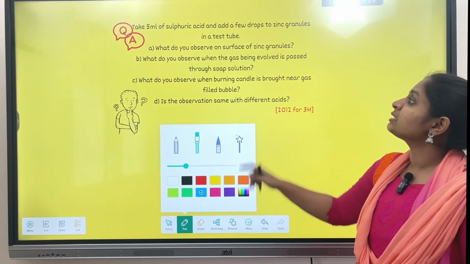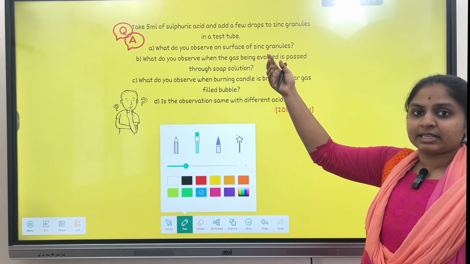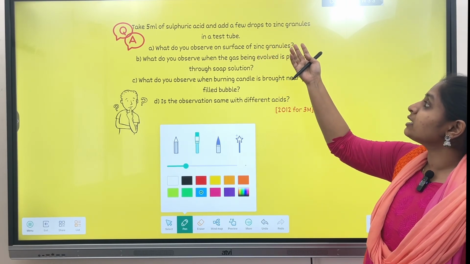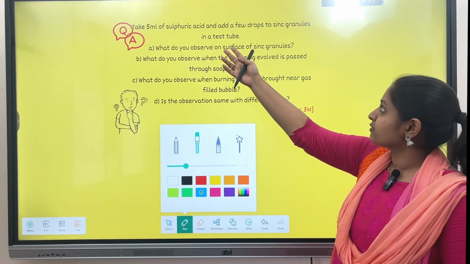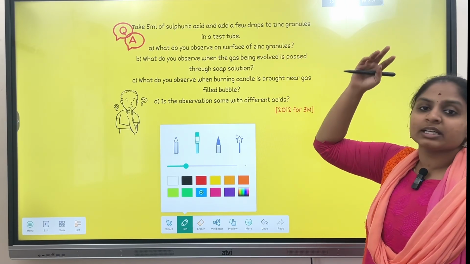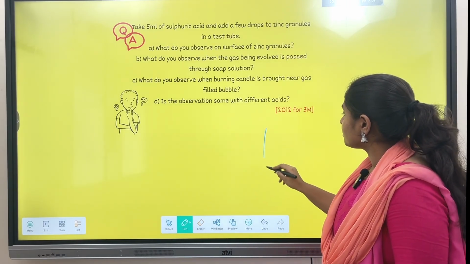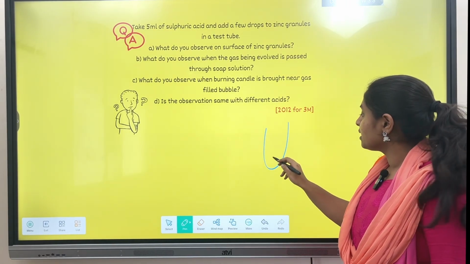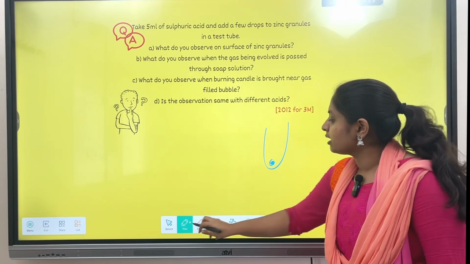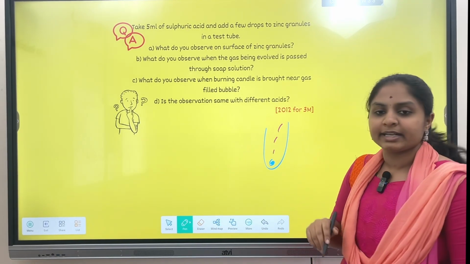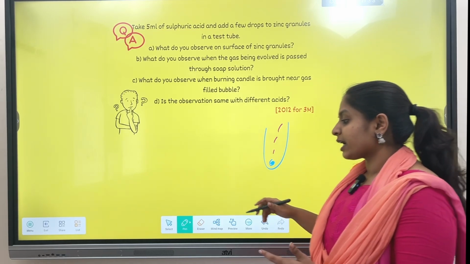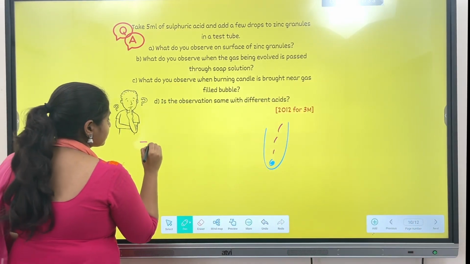The question says zinc and sulfuric acid H2SO4 is added. They have taken 5 ml of sulfuric acid and added to zinc granules. So what is happening? There is a test tube. There is zinc granules here, and sulfuric acid is added. So what is the reaction? We have already seen the reaction.